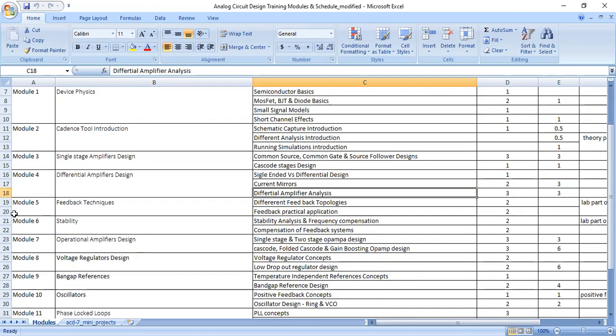Then, as we know, most of the amplifiers will work only when proper feedback and proper stability are applied to that particular circuit. So in the feedback module, we are talking about different feedback topologies and different practical feedback applications. When to use what kind of feedback in our application, right?